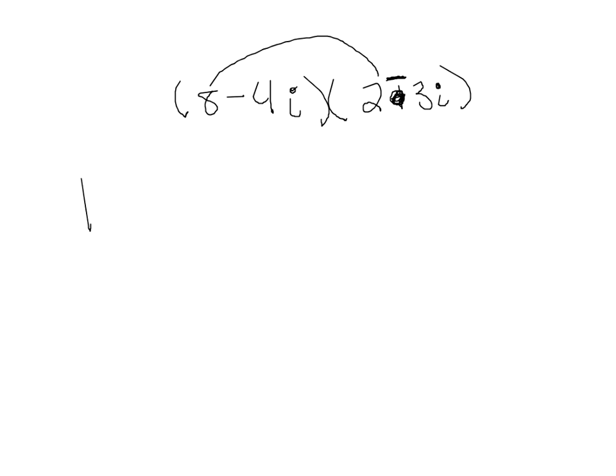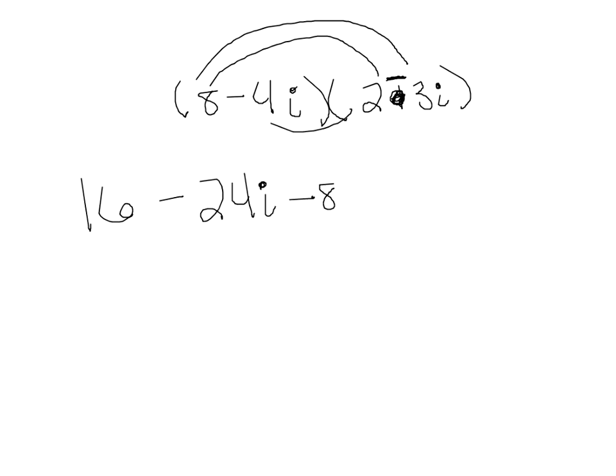So you have 8 minus 4i times 2 plus 3i. Well, let's make that a minus. 2 minus 3i. So 2 times 8 is 16. 8 times minus 3 is minus 24i. Minus 8i.